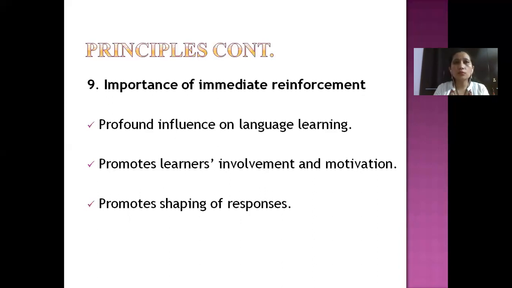Likewise, such small reinforcements really help to influence language learning, and it really promotes learners' engagement and motivation in the class.